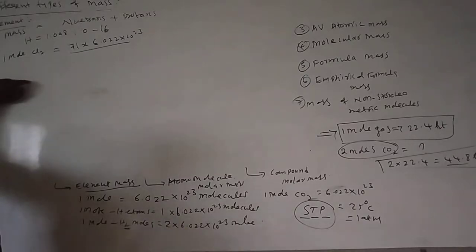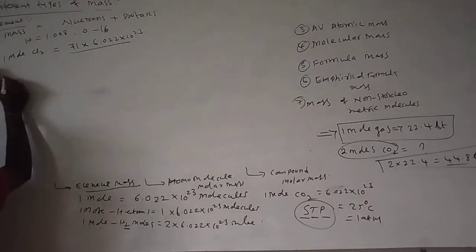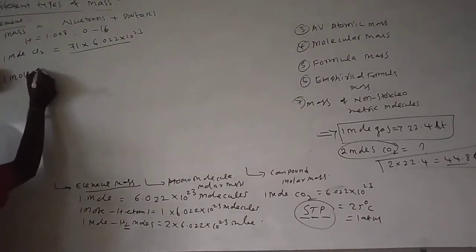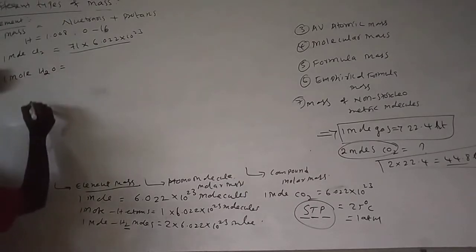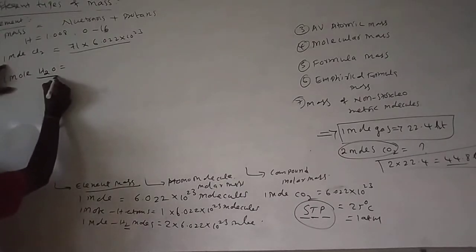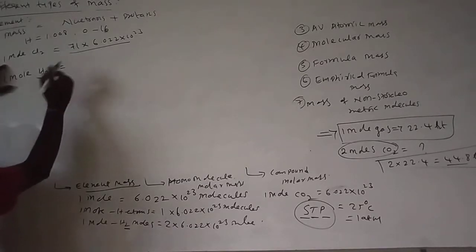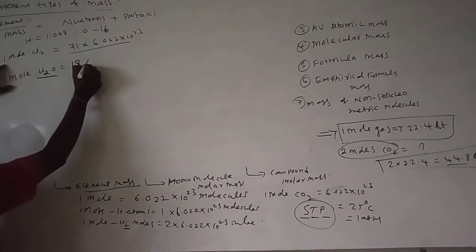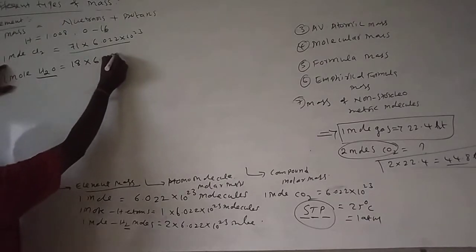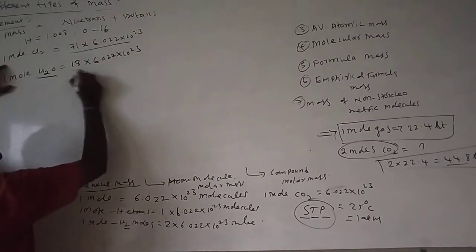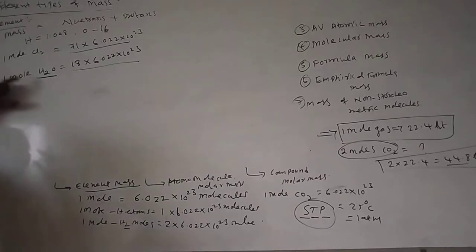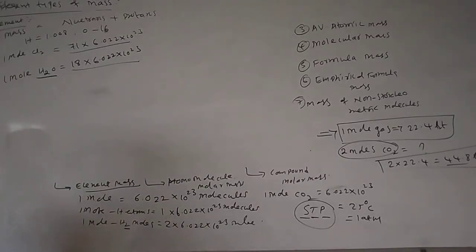Compound mass: you take 1 mole of water. It's a compound. What is the molecular mass of water? It is 18 into 6.022 into 10 to the power of 23. 1 mole of water contains 18 into 6.022 into 10 to the power of 23 mass.